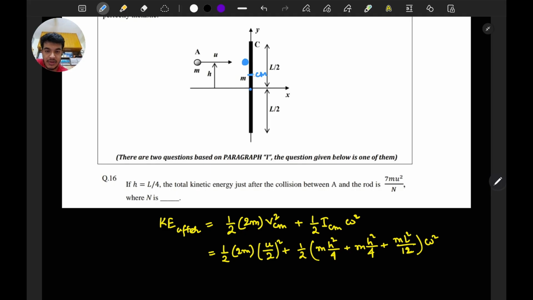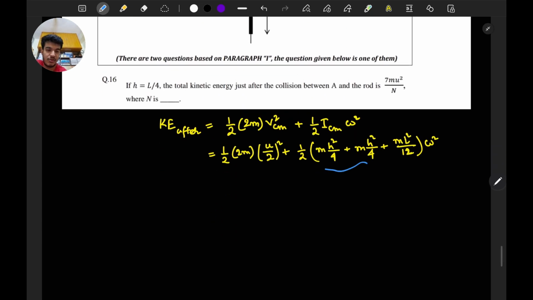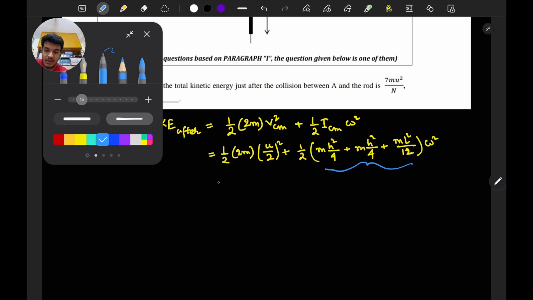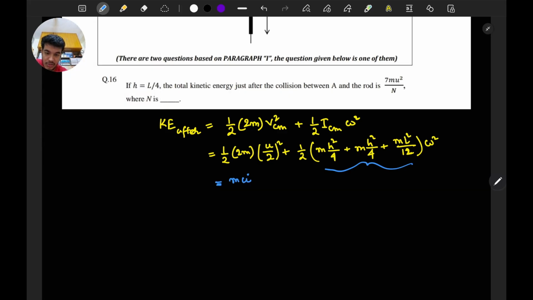The moment of inertia about this point, IC, has a contribution from the rod of ml^2/12, its own moment of inertia about its own center of mass, then shifting it by h by 2 distance, and also adding the moment of inertia of the collided mass, which is also at h by 2 distance and has mass m, so mh^2/4. So this is the entire moment of inertia of the system, the way we are writing it here. So it is mu^2/4 plus mh^2/2.